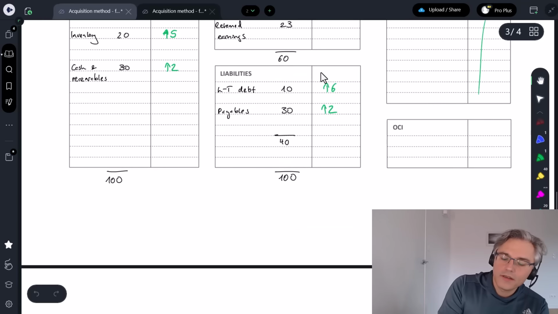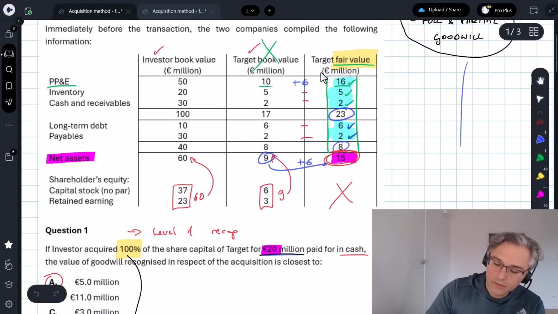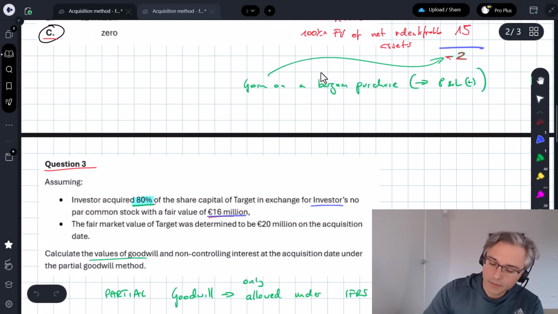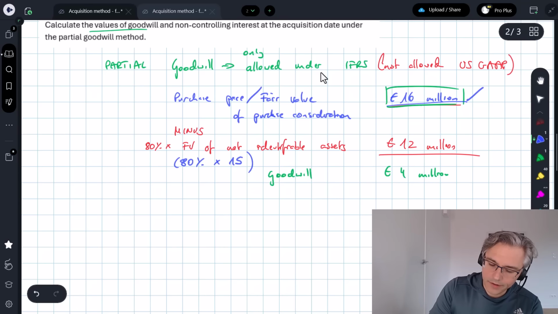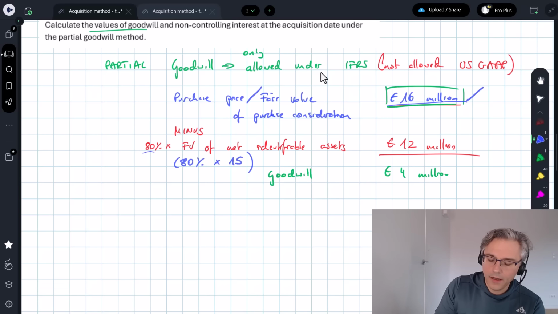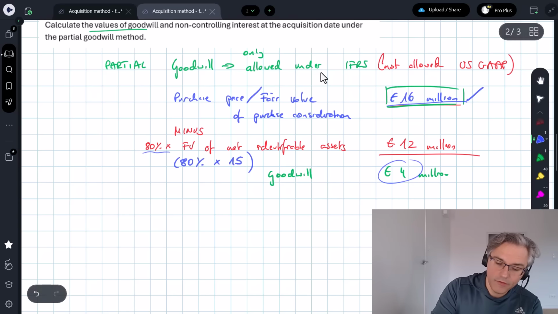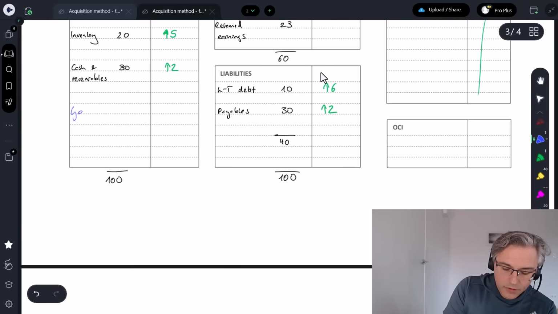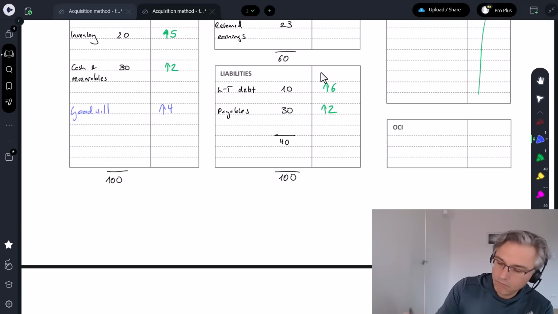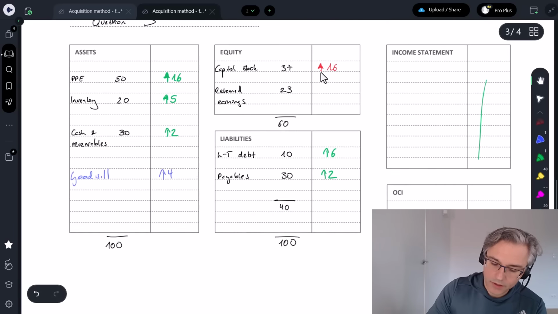Now, we just computed that there was a bit of goodwill in this transaction, meaning the purchase price was higher than our proportionate share, 80% of the fair value of the net identifiable assets. And that difference came in at 4. Good. So I'm going to record goodwill within assets over here, because we computed it, right?